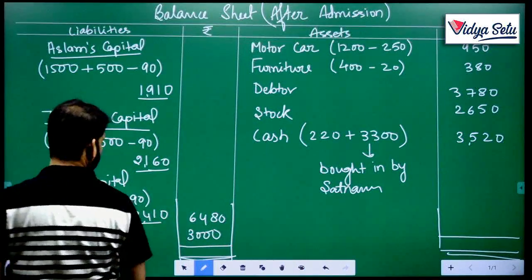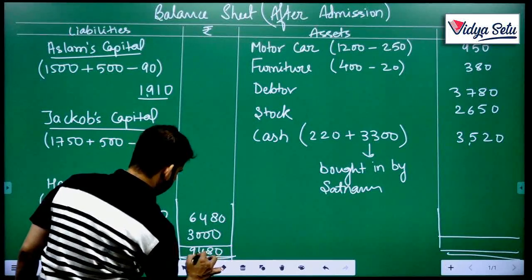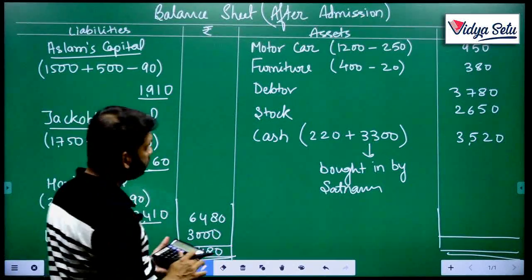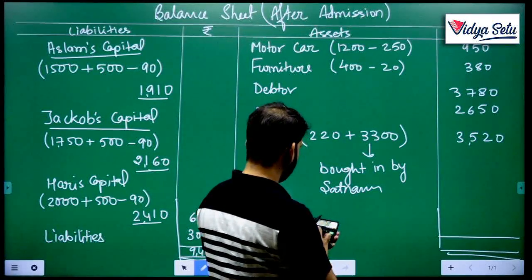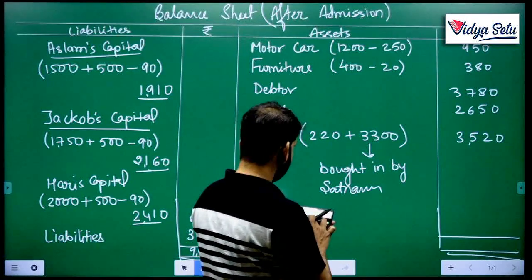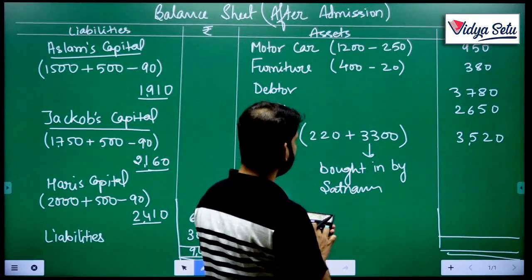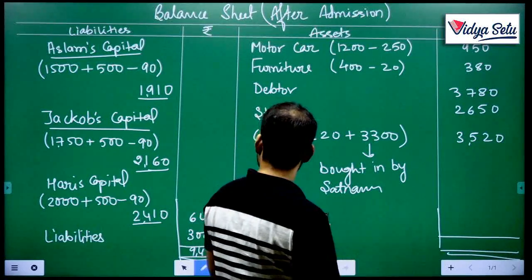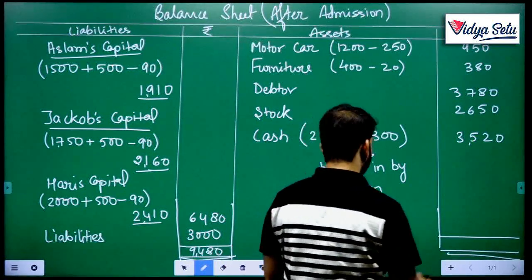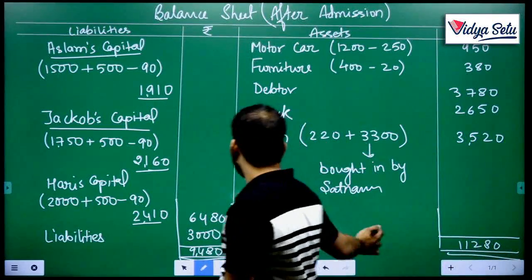So 6480, so 9480 here. Let's see, 950 plus 380 plus 3780 plus 2650 plus 3520. Oh, 11,280. What is the mistake that we have done?